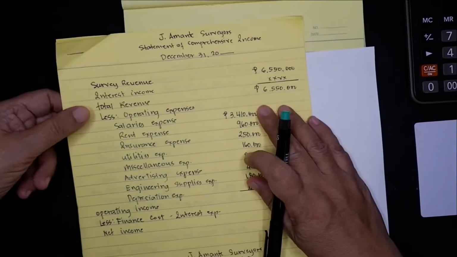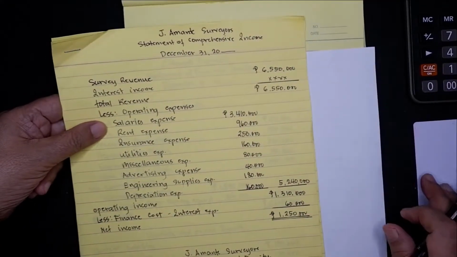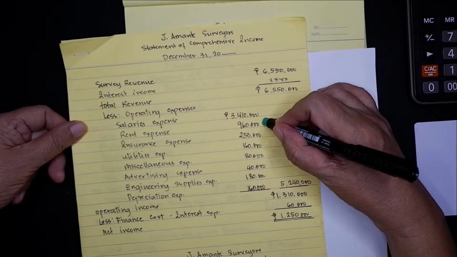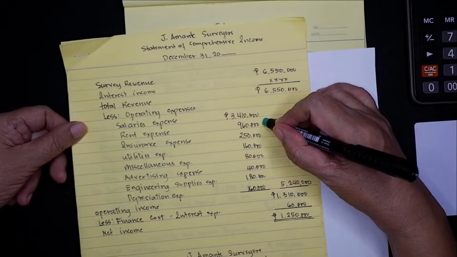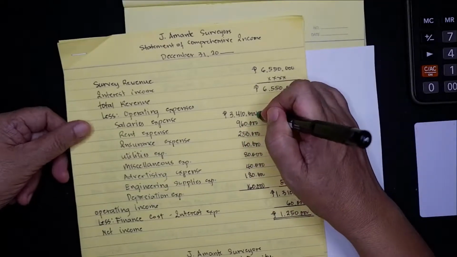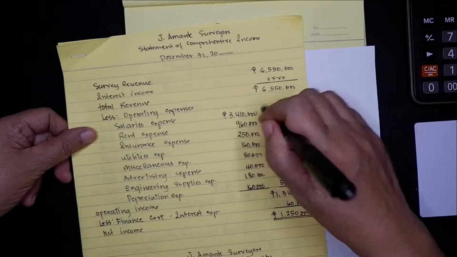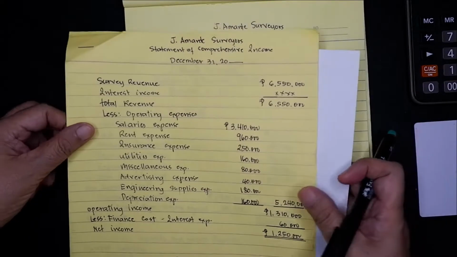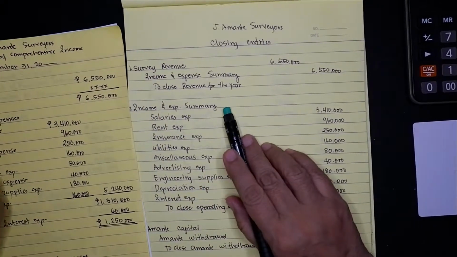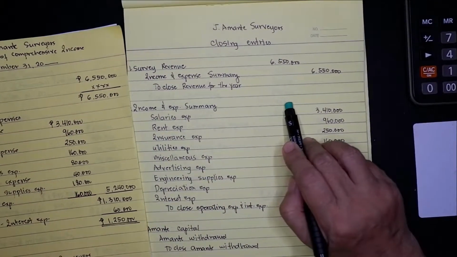Then after that we have our operating expenses. Again, what is the normal balance of expenses? It is usually a debit balance, remember? So to zero out our debit balance accounts, it should be on the credit side. So our entry: debit income and expense summary, we don't have the amount yet.